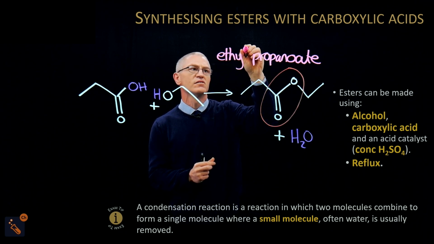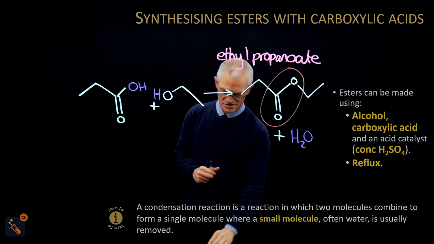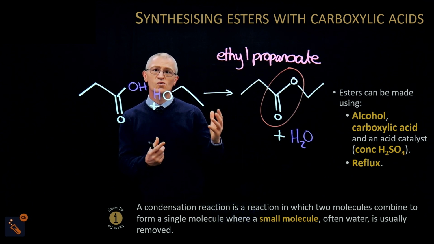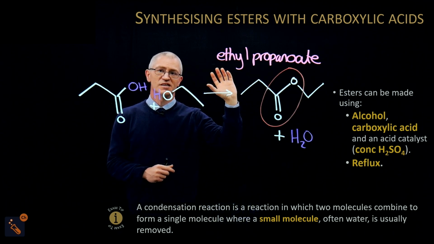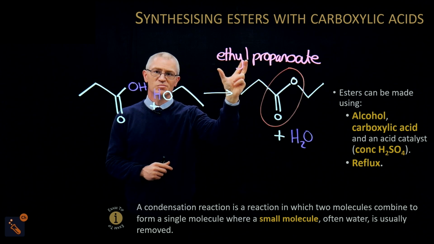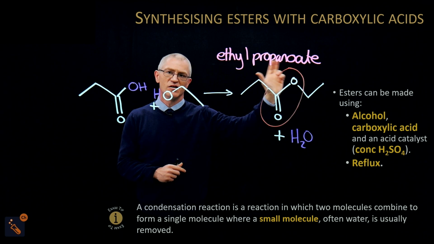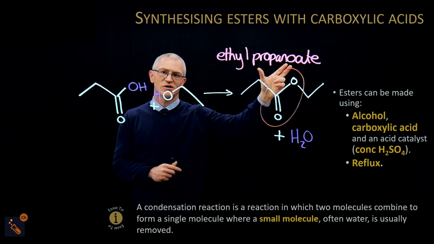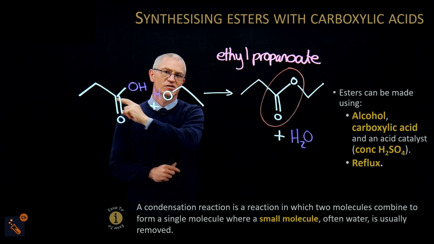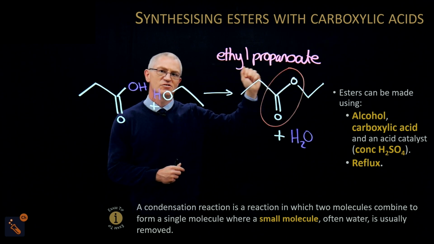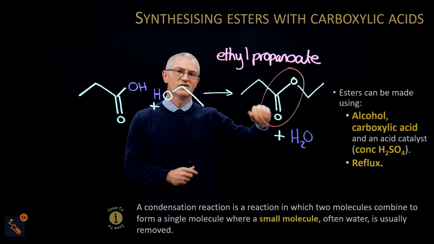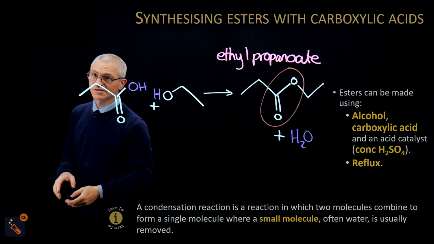So we call that ethyl propanoate. Always in naming, we are going to name the alcohol part as a prefix, so it would be ethyl. We're going to name our carboxylic acid part as our stem, our parent chain, which is propan, 3 carbons in this case, and then an ester always ends in oate. So ethyl propanoate.